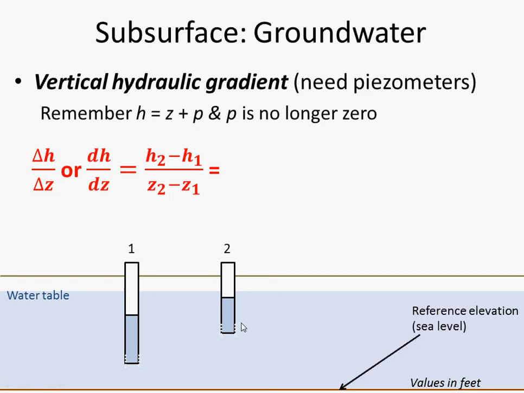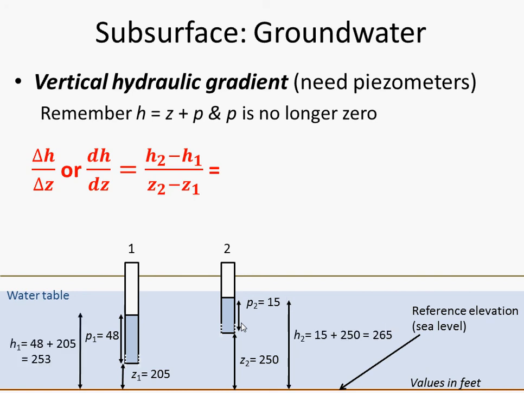So here's our reference elevation. In this case, again, we're just going to assume that this is sea level. So Z for both of these wells is the height of the slotted section of the well above that reference elevation. And P is the distance between the bottom of the well and the height of the water in the well.